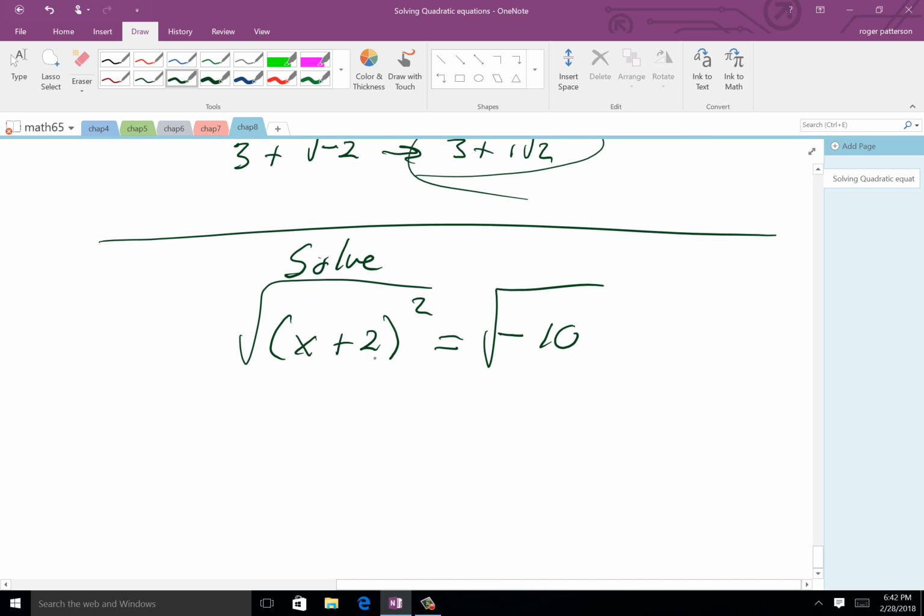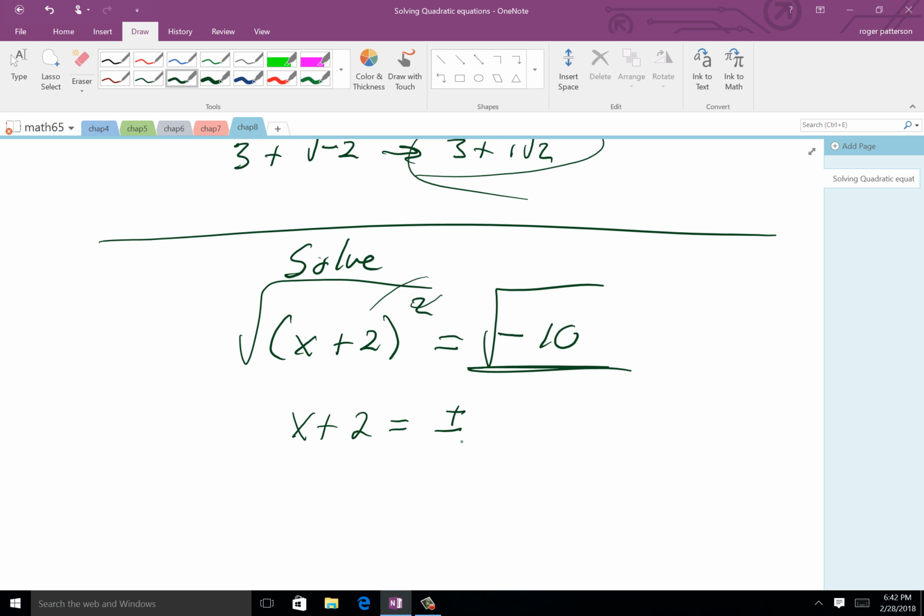Okay, so I take the square root, and I get x plus 2 on the left. Now here, I know I'm going to get plus or minus because we talked about that Monday. I would have probably said, hey, I don't have a real solution here. Everything you did before, if you got a negative, you just said there's no real solution, I'm done with that.